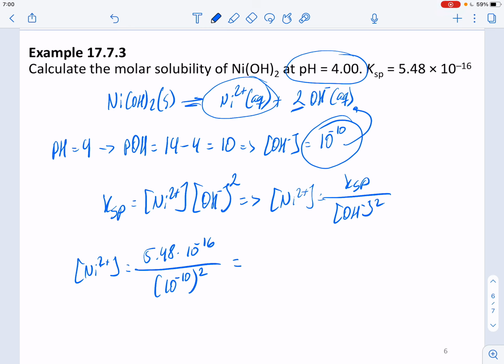And from here you obtain 5.48 times 10 to the negative 4. This is molar, and yes, this is a huge solubility.